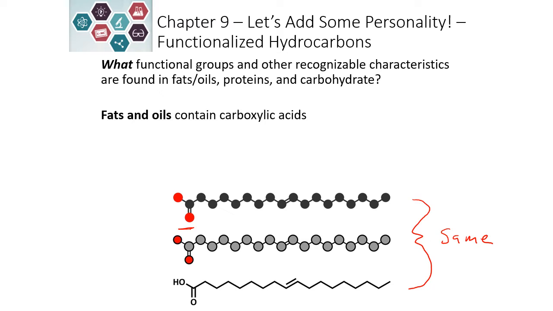Now technically the molecules drawn show fatty acids. In order to make fats and oils, it is something called a triglyceride. So there is a glycerol molecule that holds three of these chains together.